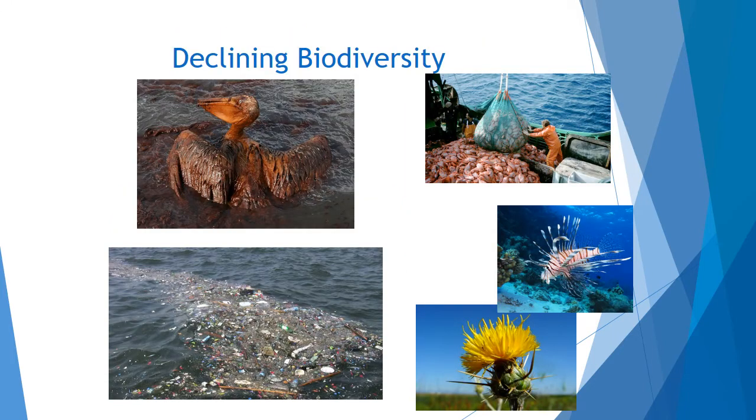Okay. I talked about already one example of declining biodiversity, which is habitat loss. And so I put the pelican on here from the BP oil spill in the Gulf of Mexico. While that portion of the ocean is still there, there's a lot of pollution, obviously, to that habitat.